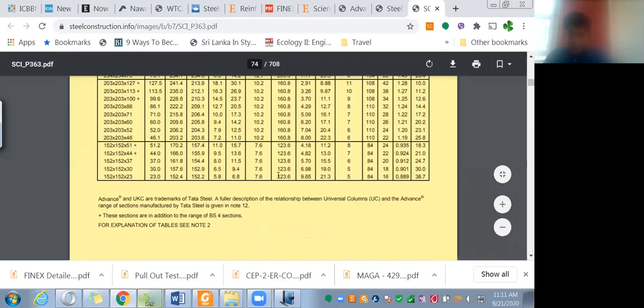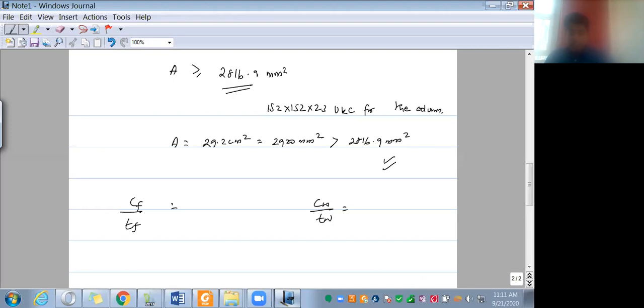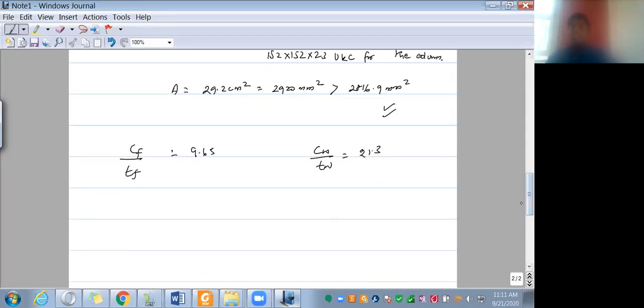The first one is for the flange, this is for the web. So Cf over tf for the flange is 9.65, web is 21.3. We need to see whether this satisfies the requirement.